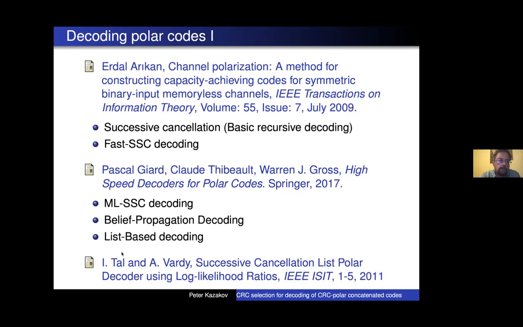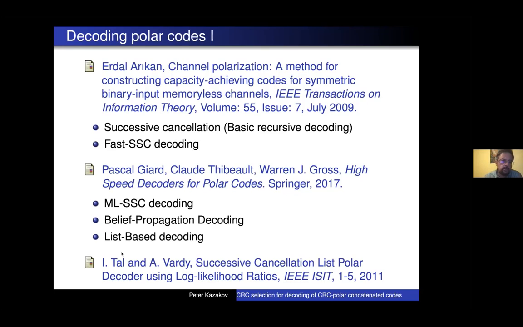One paper by Pascal, Guéard, Thibault and Gross, not sure whether I pronounced the names correctly, is also quite interesting. ML-SSC decoding, belief propagation, and list-based decoding. Actually, what we'll talk about in this presentation is list-based decoding.